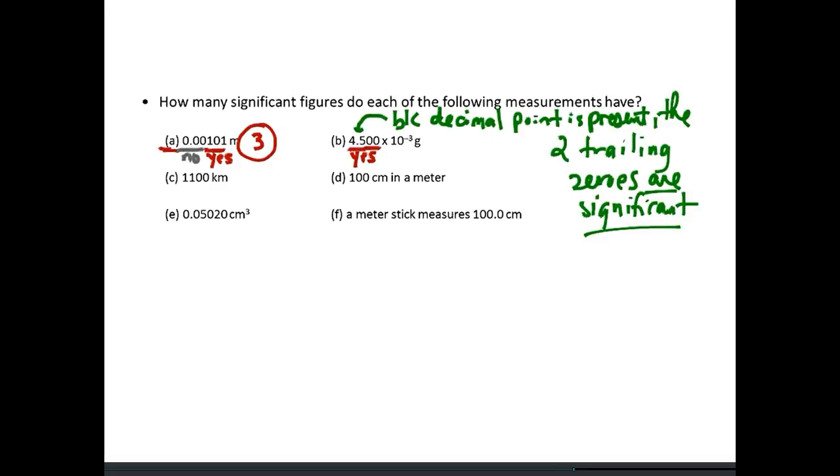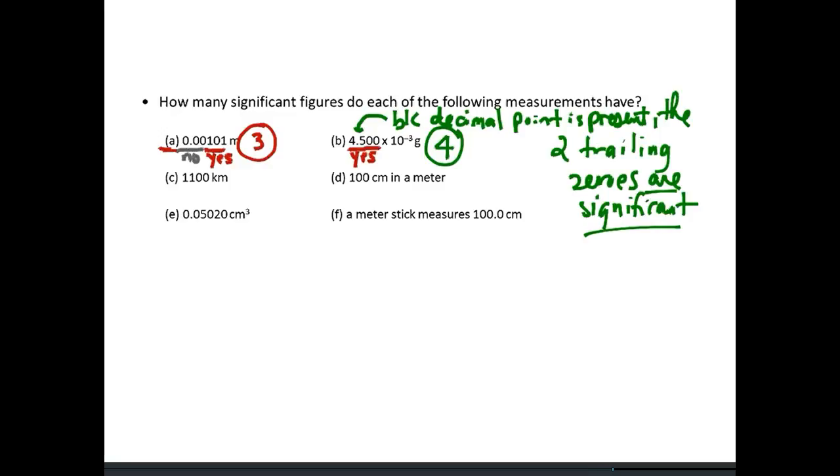Because the decimal point is present, the 2 trailing zeros are significant. Now one way to remember that is that if somebody went to all the effort to add those extra zeros, it doesn't change the value of the number, but it does reflect a higher level of precision and accuracy, which means that they must be important for some reason, otherwise that person wouldn't have gone to all the extra effort to put them on there, right? So B has 4 significant digits.